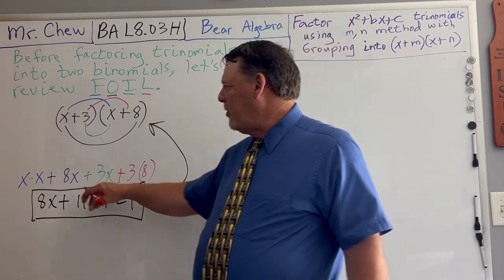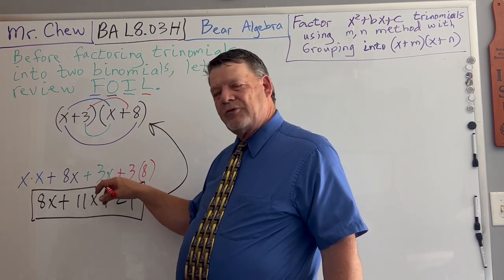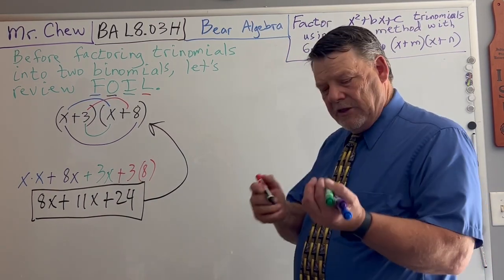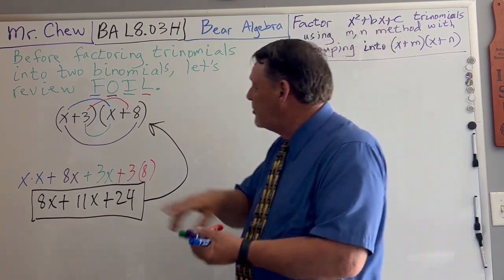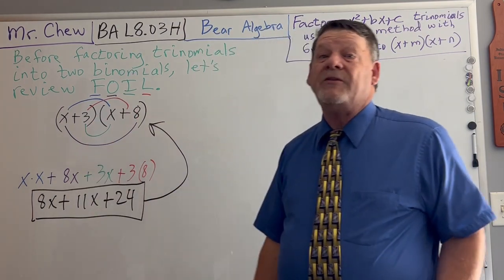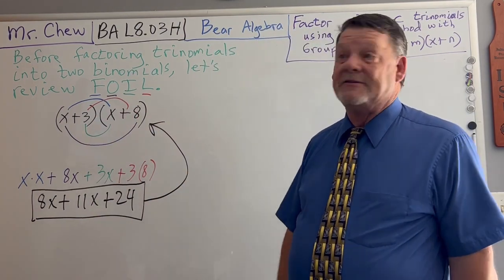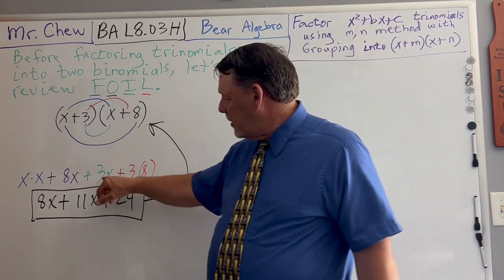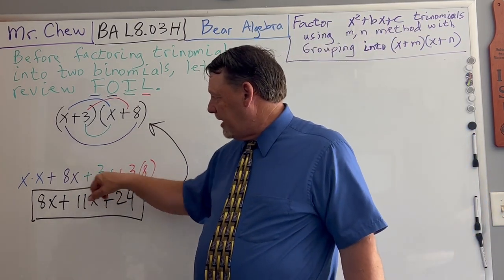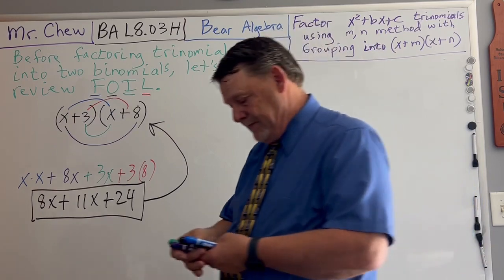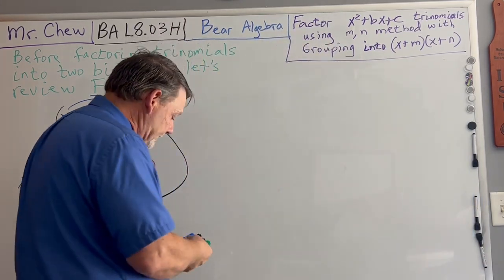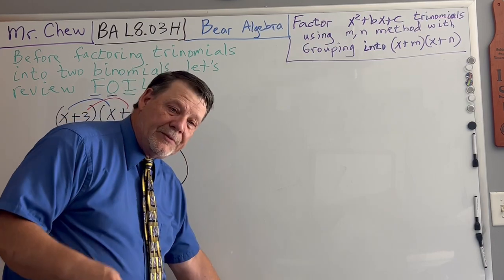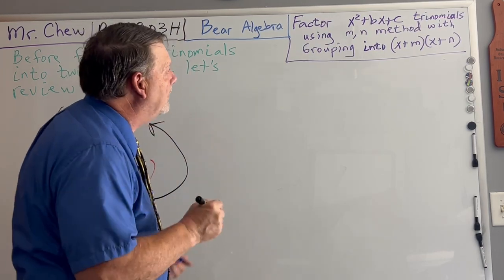And it wouldn't matter if you had plus 8x plus 3x or 3x plus 8x, you're still going to get the same answer. The only difference would be it would switch the order of these two binomials, and that does not affect it any. All right, so we're going to concentrate on thinking about these two numbers here. So I'm going to do two examples, and then we'll have two challenge problems.